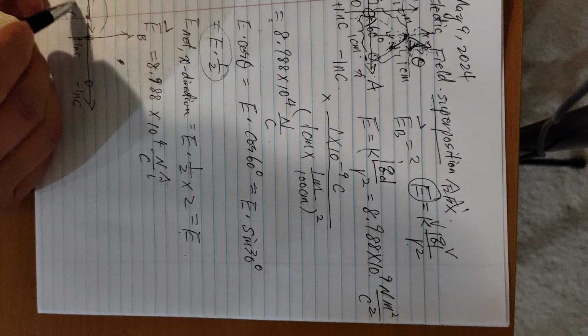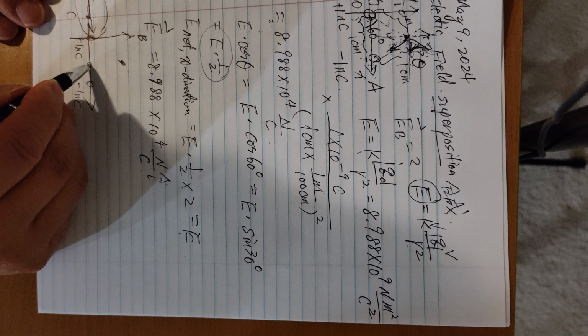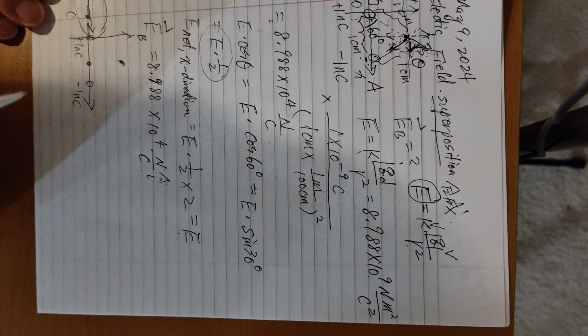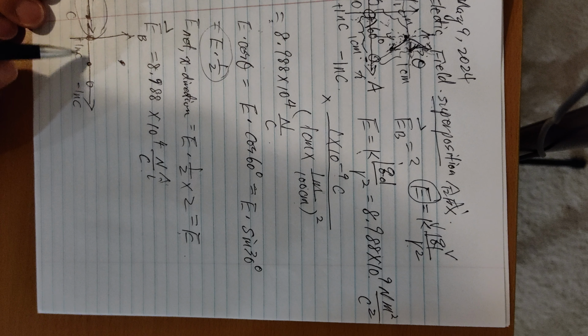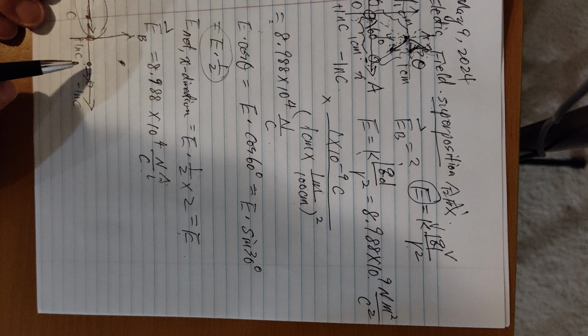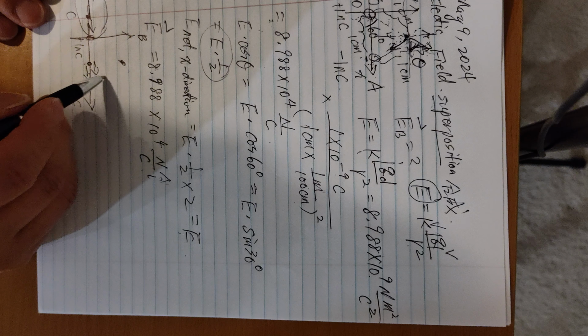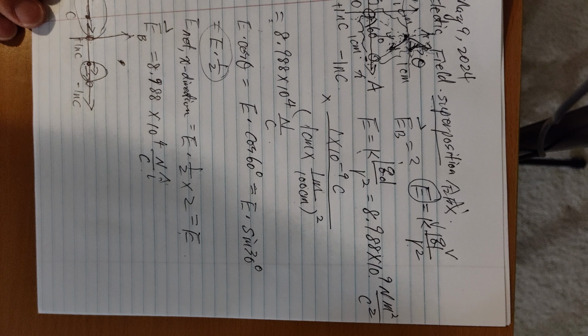And then we have to do the superposition of those two. Similarly, if there's a charge right here, then the electric field due to the positive charge will be in that direction, and the electric field due to the negative charge will also be in that direction. So it's going to be a superposition of those two.